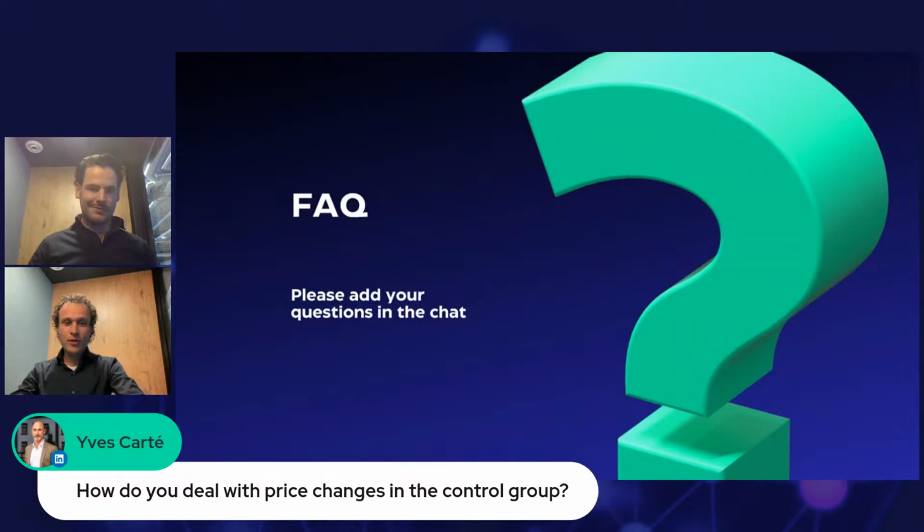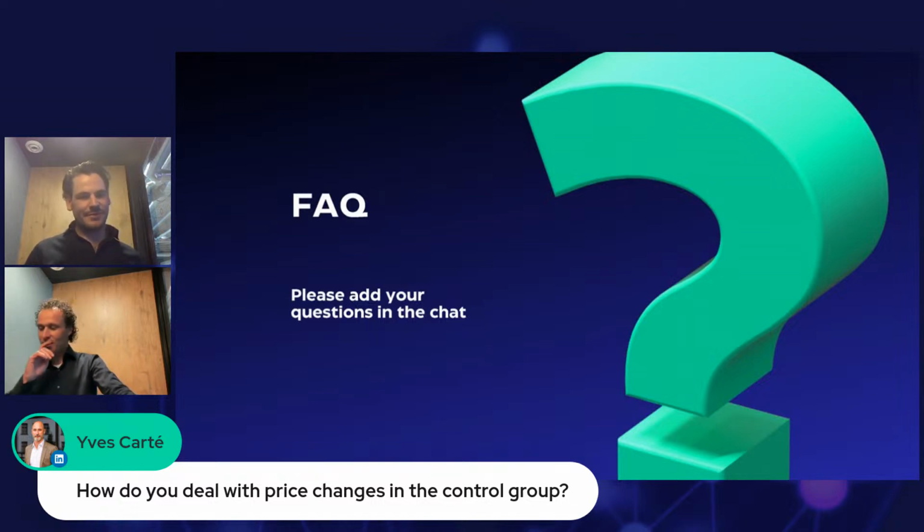Another question: how do you deal with price changes in the control group? This is a really great question. This is often what we see in use cases: we have a test location where the model says increase or decrease, but we have a control location where, for example, salespeople are still changing their prices.